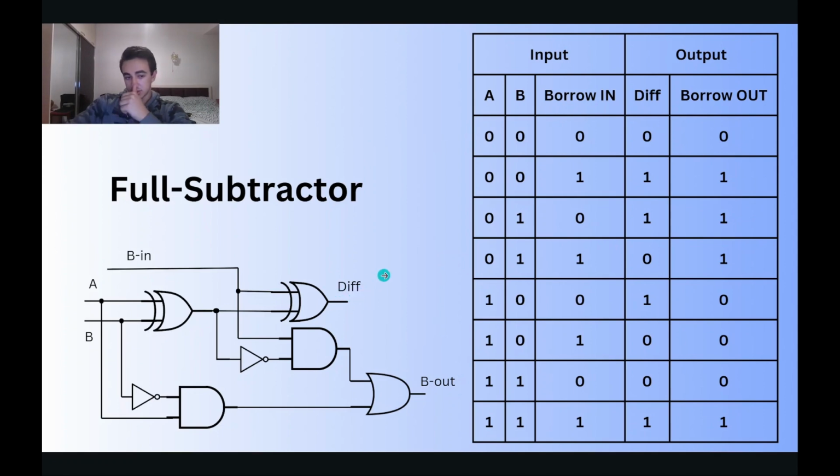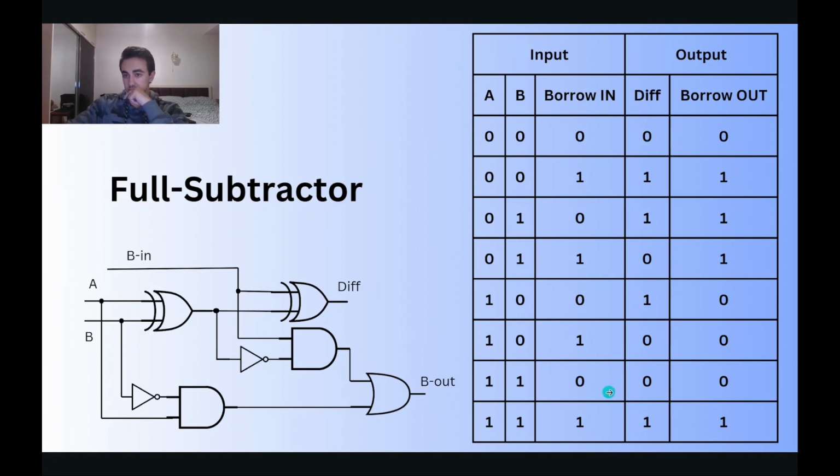How do we get this? Because we can't subtract 1 from 0, we borrow from the next digit and get 10 in the place. From 10 we subtract B, and the digit 1 remains. From the 1 we subtract the borrow in, and the difference is 0 right here.